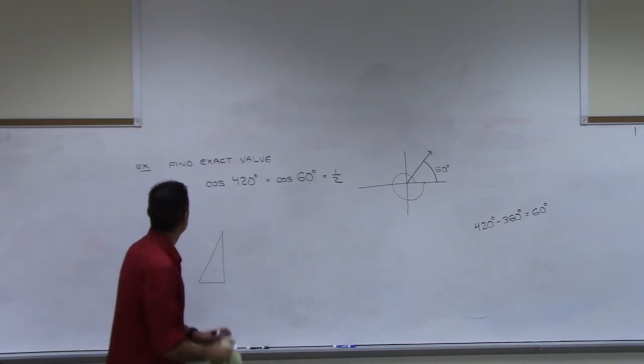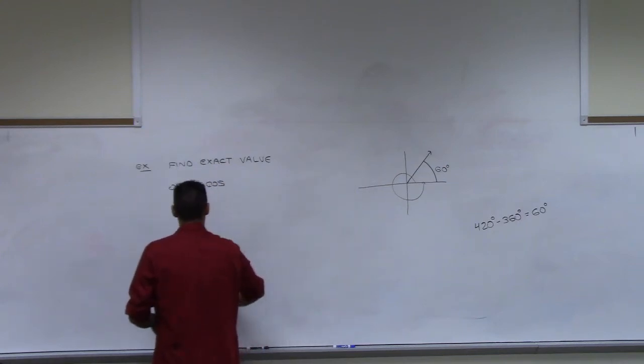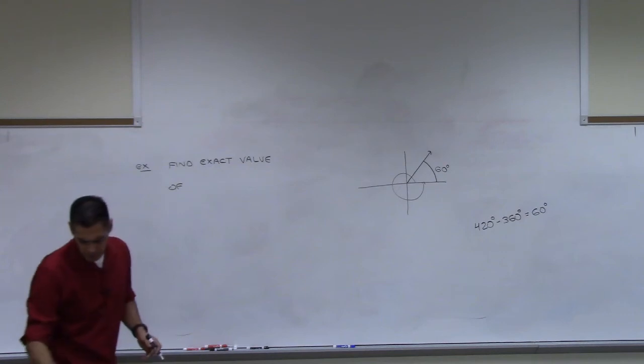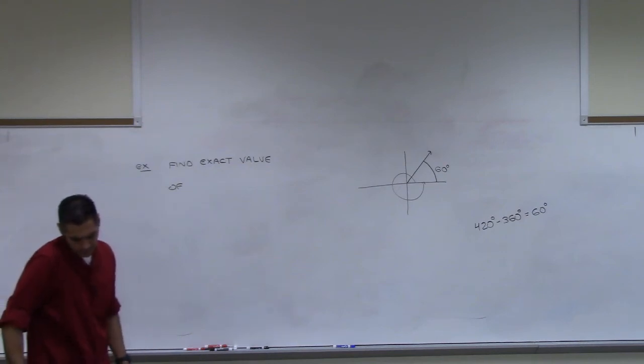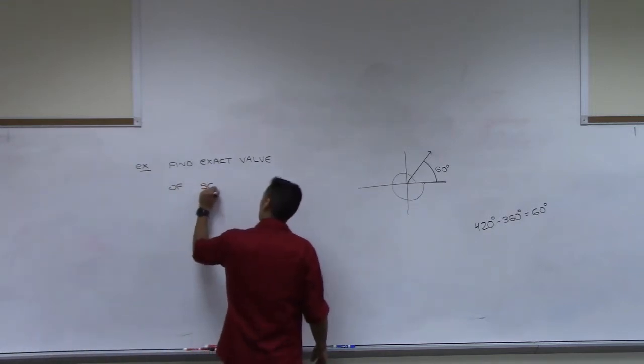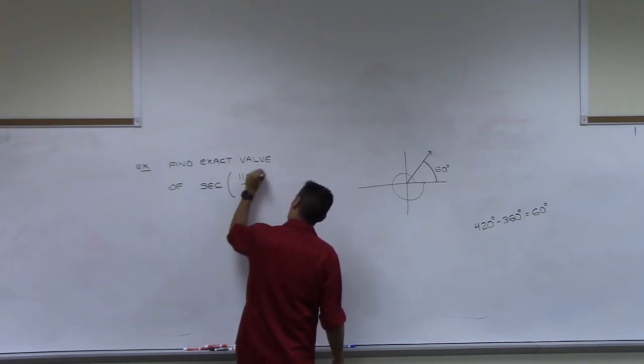How about this? Find the exact value of secant of 11 pi over 4.